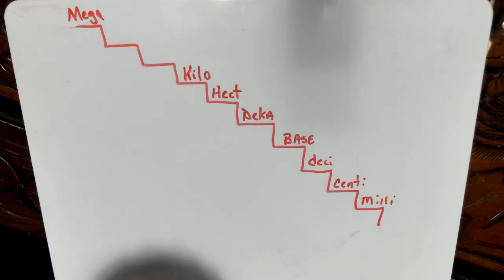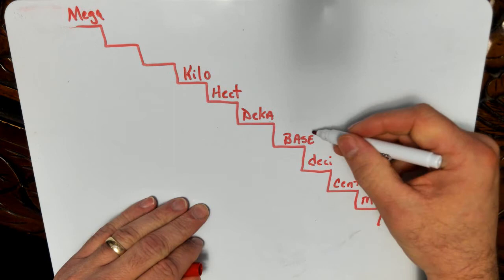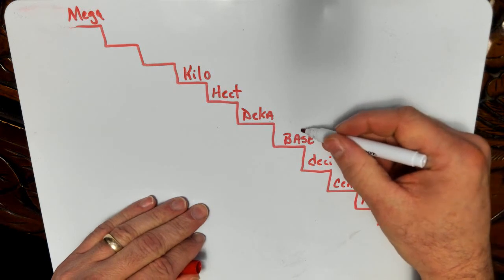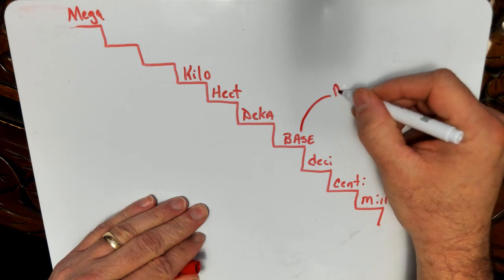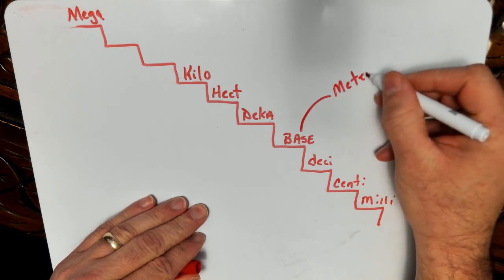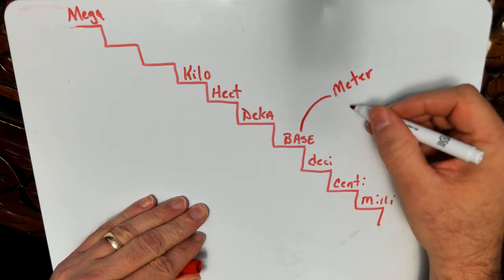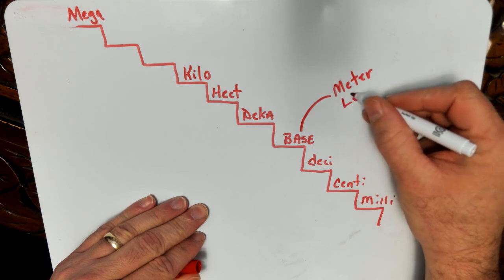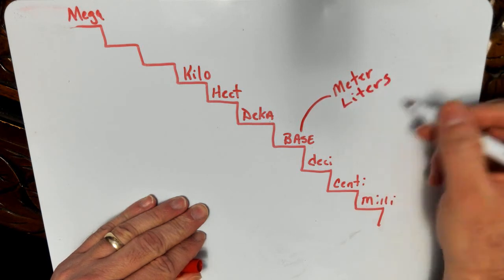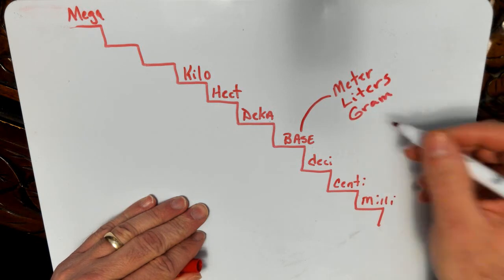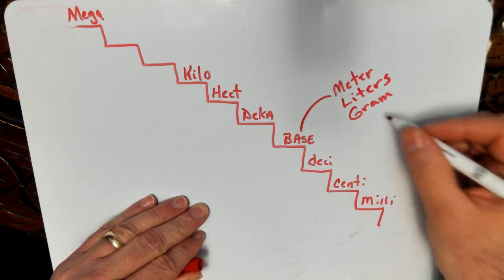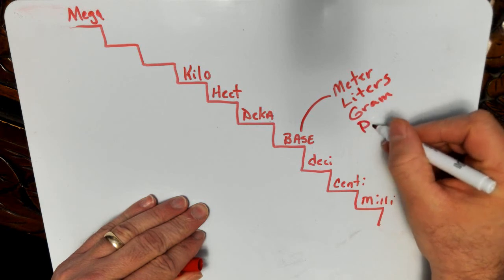Now, the first thing we look at is the base unit. Base unit can be distance, which would be the meter in metrics. It could be volume, which would be liters. It could be weight, which would be the gram. Or it could be pressure, which could be the Pascal.